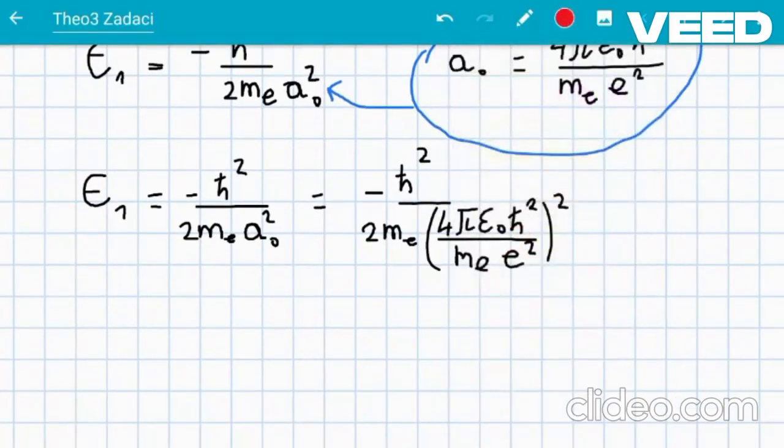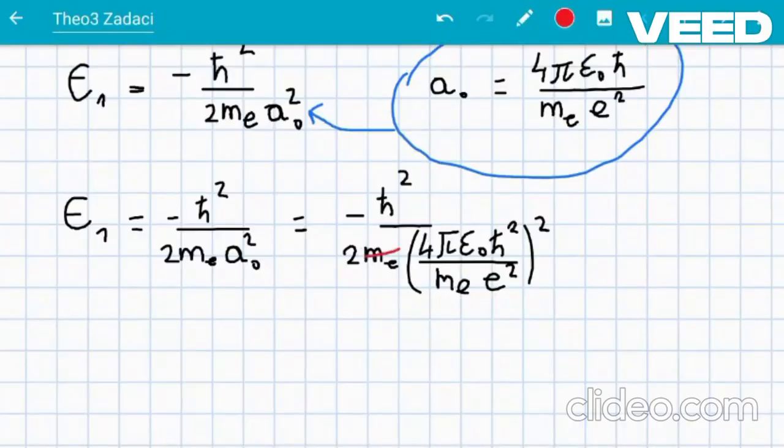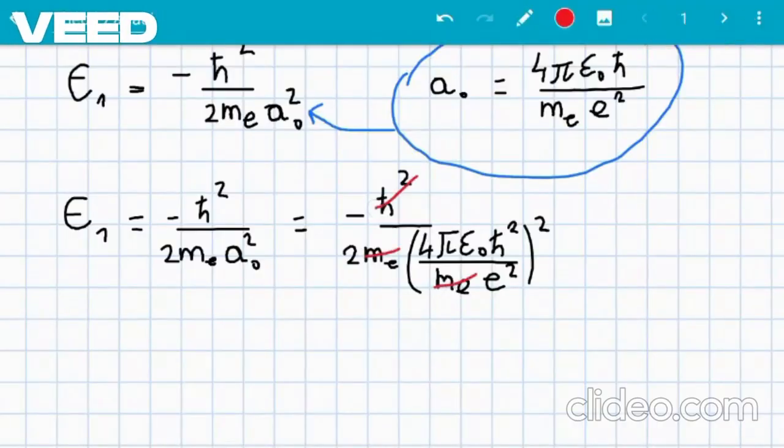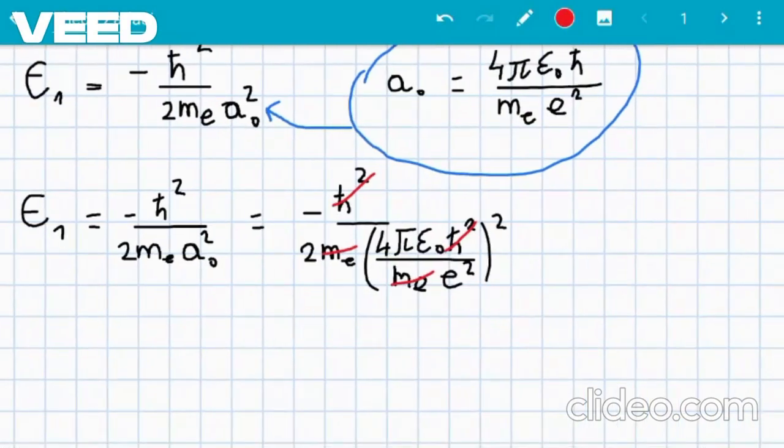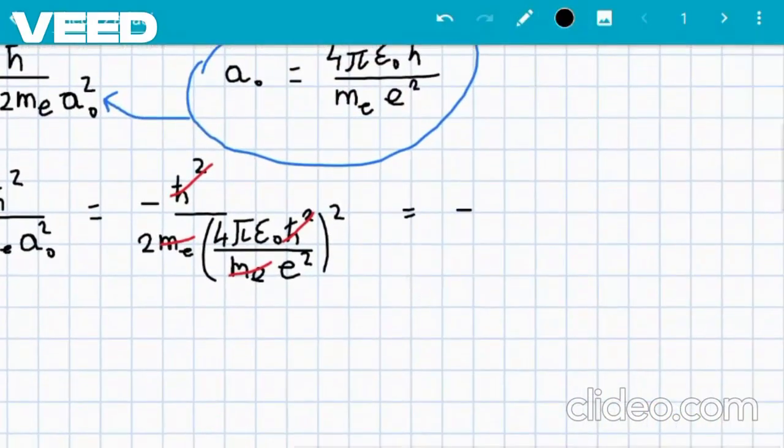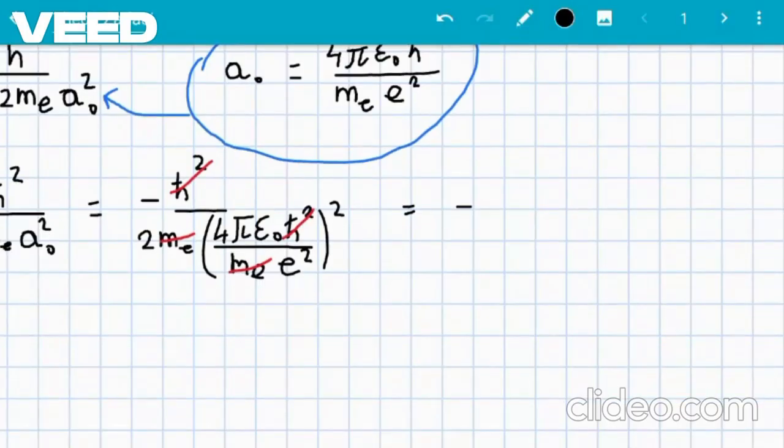We can simplify a little bit here. The h bar squared cancels, and another square is left. Taking the e to the fourth power times m_e into the numerator, that gives us e to the fourth power m_e over 2 times 4 pi epsilon naught squared times h bar squared.